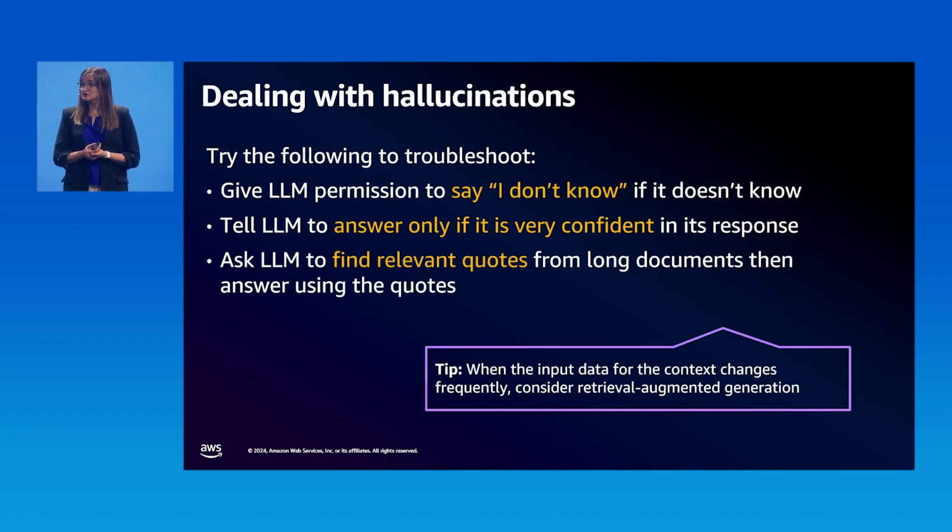It is also possible to ask for relevant quotes from the context that we have passed. And once our context is growing, once we are having certain iterations and changes to the context that we would still like to pass to an LLM, we can consider using something called retrieval augmented generation.